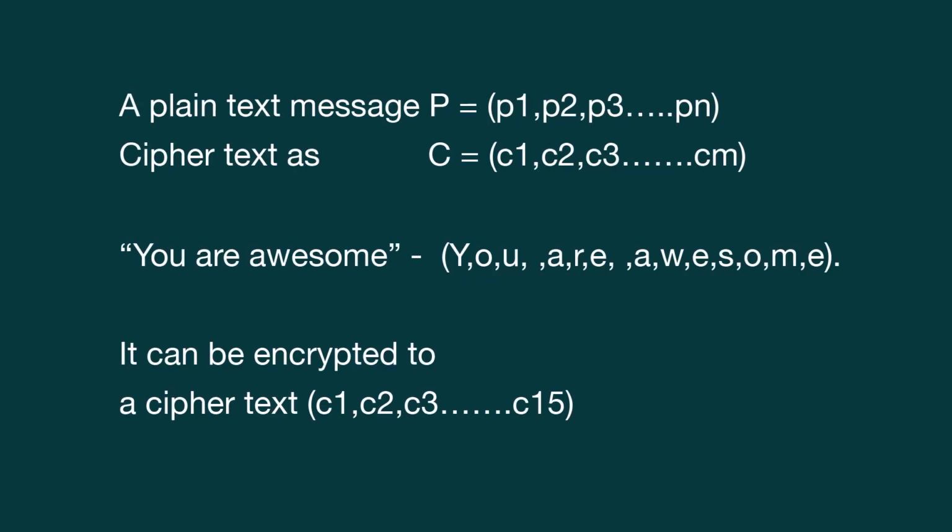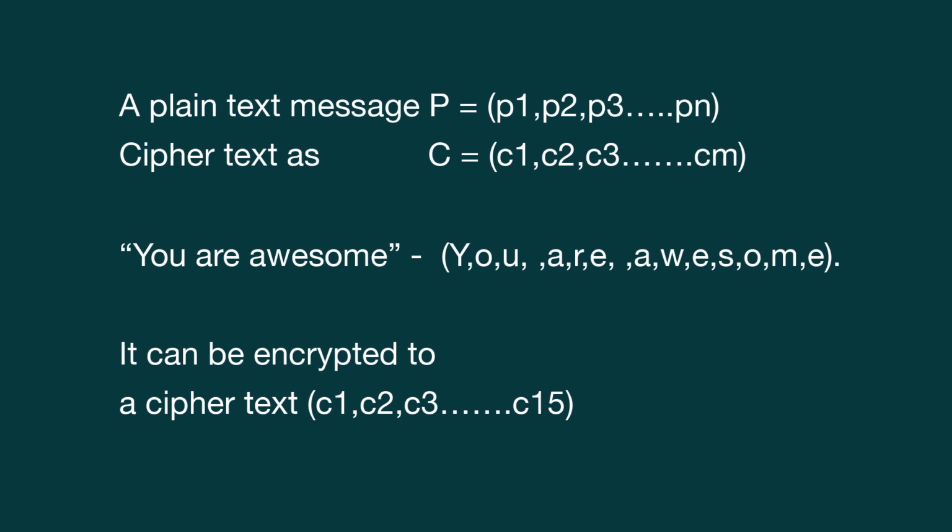A plain text message P is denoted as a sequence of individual characters as P equal to a collection of P1, P2, P3, etc. Pn, and ciphertext as C equal to a collection of C1, C2, C3, etc. Cm.